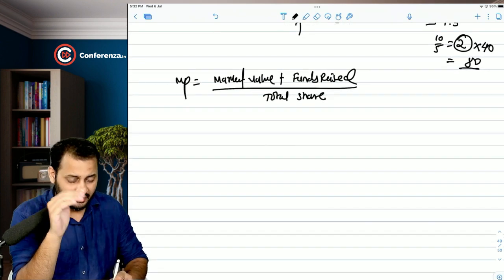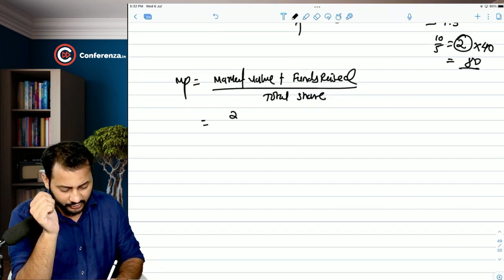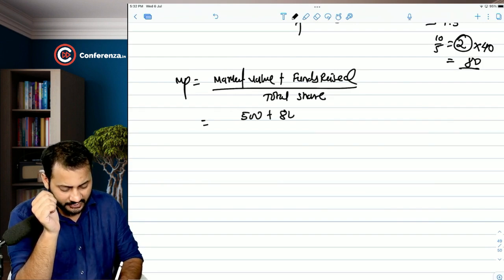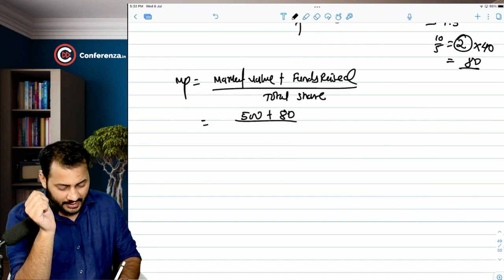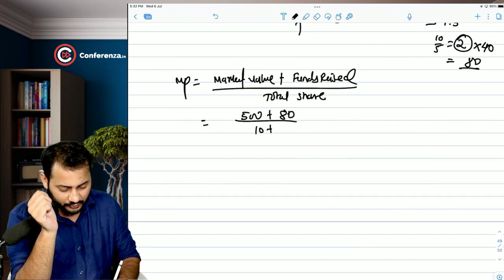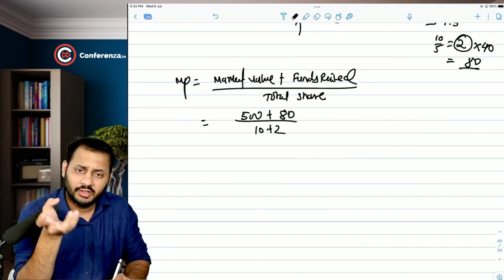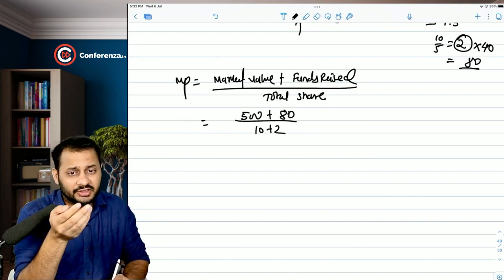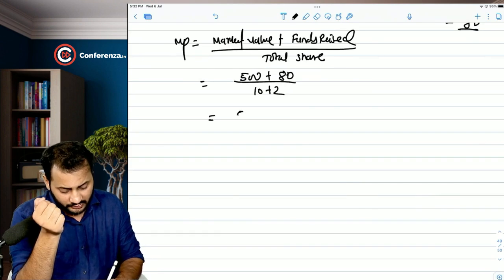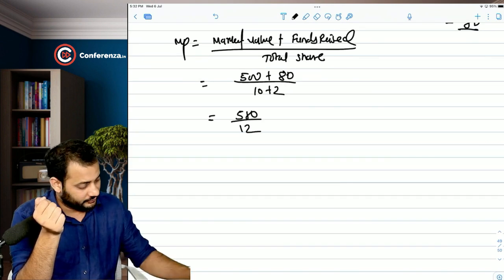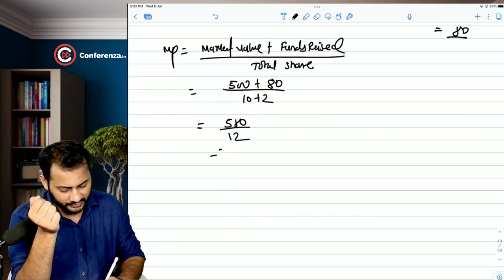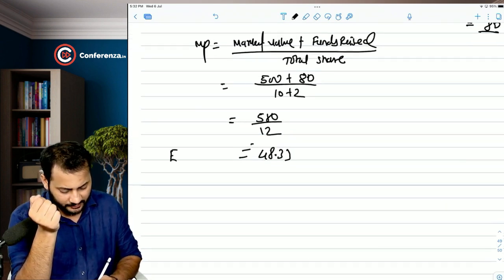After the right issue, the market value was 500 crore, plus you have raised 80 crore rupees, and the total number of shares are 10 plus 2. Earlier it was 10 crore, now 2 crore has been issued additionally, so it is 12 crore. So 580 divided by 12 is 48.33. 48.33 is the X right price of the share.